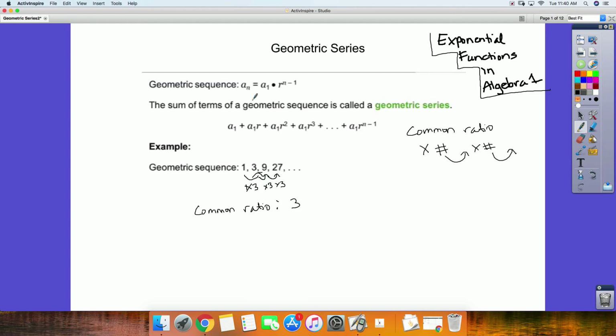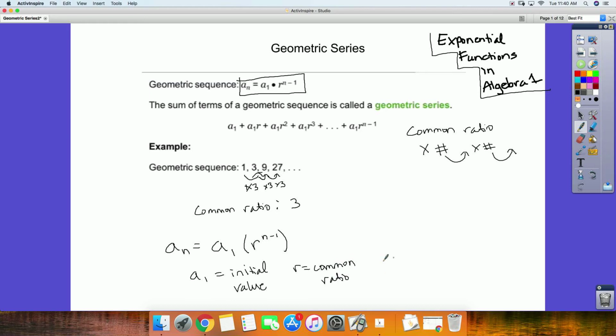The formula for a geometric sequence is written up here. The formula for a geometric sequence is a sub n equals a sub 1 times r to the n minus 1 power, where a sub 1 is your initial value, r is your common ratio, and n is going to be your term number that you're looking for.